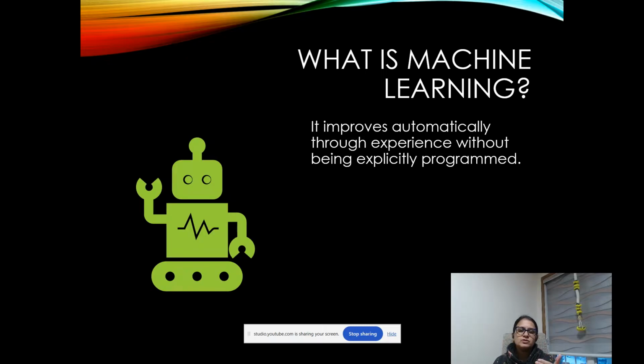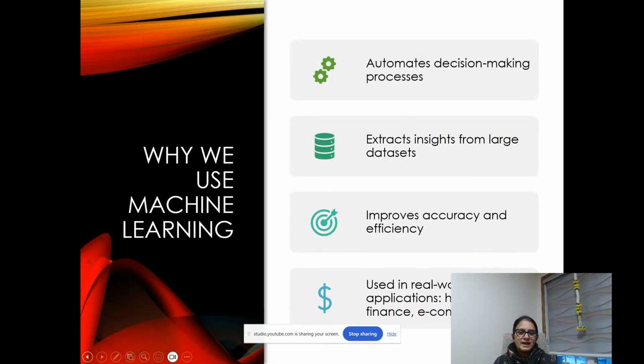Let's say it is giving you the correct prediction out of 100, 95, maybe 90, maybe 80. But the second time when you give it more data, it increases slowly. First time it gives you correct predictions 80, then 85, 90. This means it is improving itself. You don't need to instruct it again and again. So this is called explicitly programmed. This is the definition of machine learning.